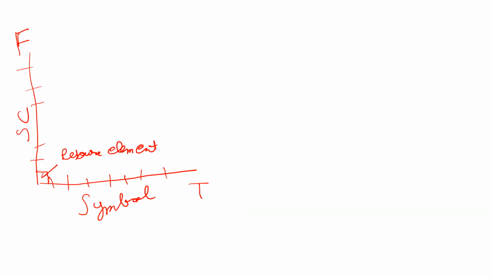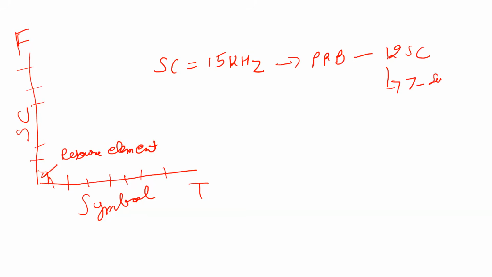In case of LTE, the subcarrier spacing allowed is 15 kilohertz. Okay. And in LTE, each PRB consists of 12 subcarriers and 7 symbols per slot. Okay.